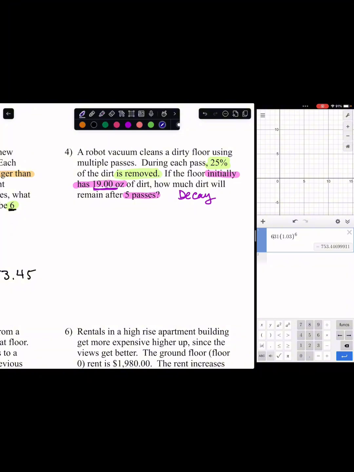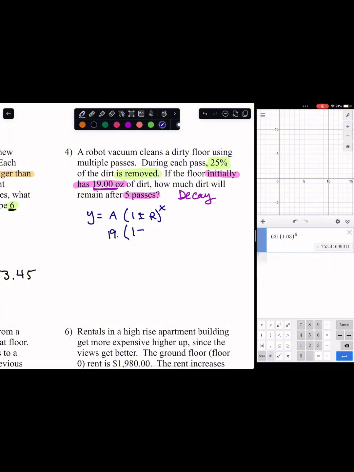So let's go ahead and do this really quick. There we go. And then our A is going to be 19. You don't have to put the 0.00. It doesn't make a difference. And then I got my 1. But since this is a decay, my number should be less than 1.